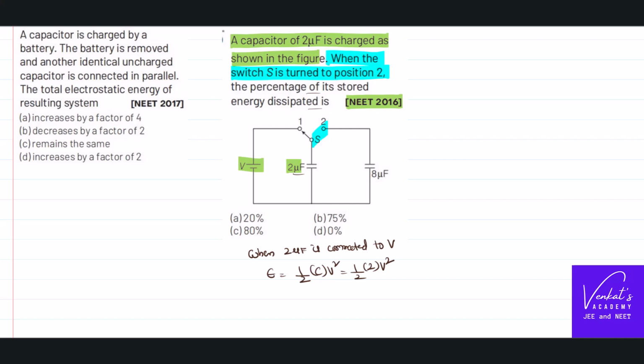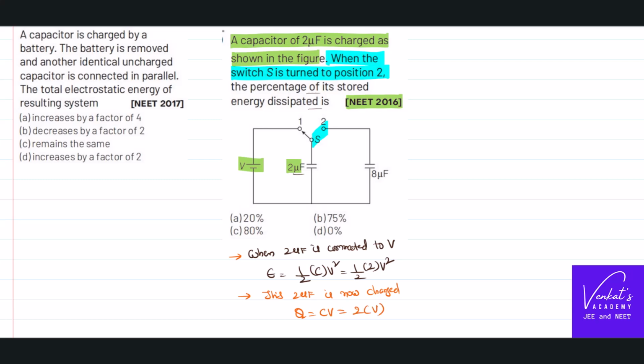Now why does that energy dissipate? First of all, let us try to understand that. By the time this first capacitor is charged, this 2 microfarad is charged to Q equal to CV.